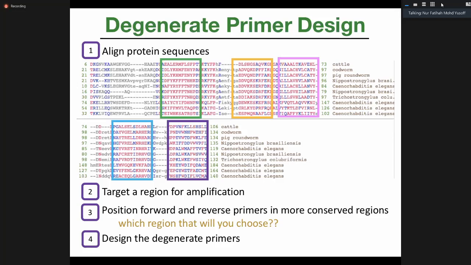Okay, I'll ask someone else. What about Jiashin? Jiashin, are you there? Can you design the reverse primer in the pink box?